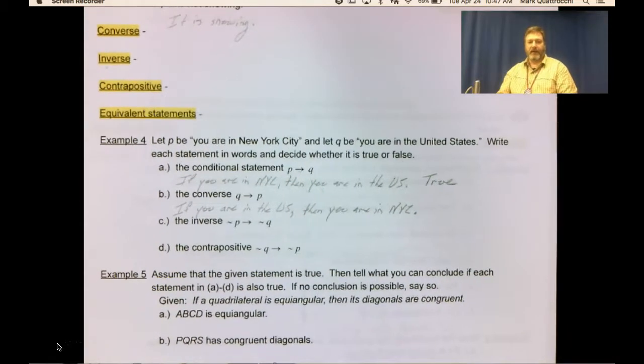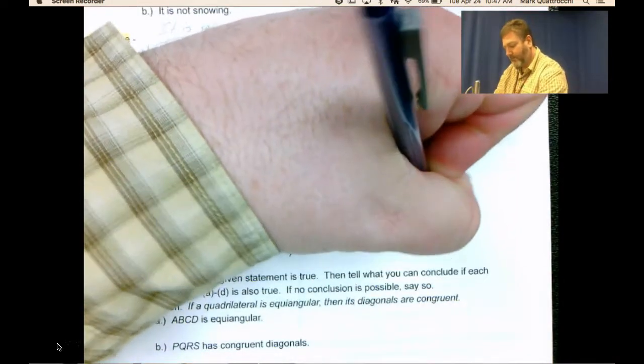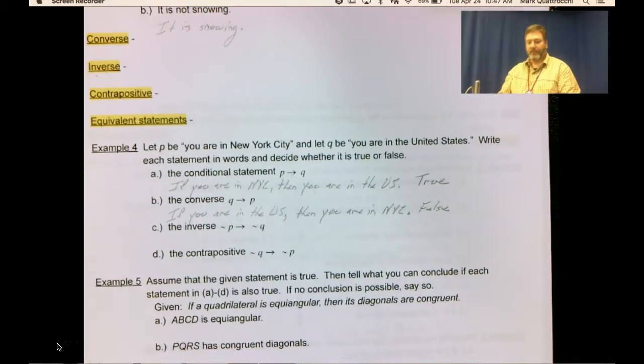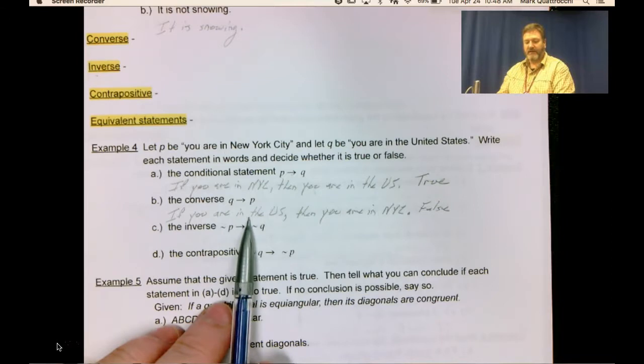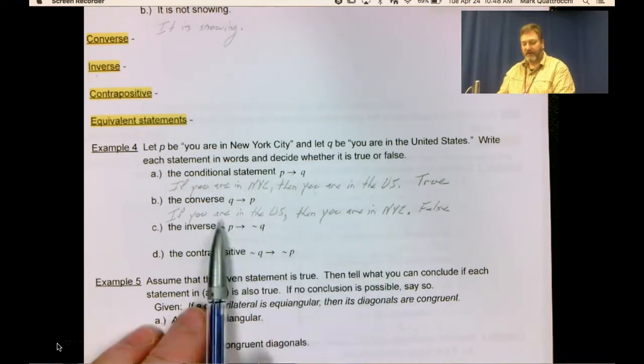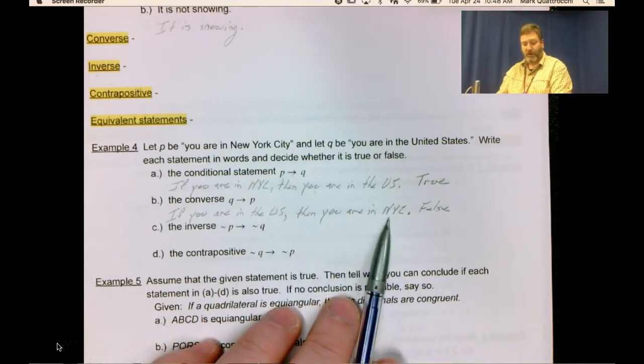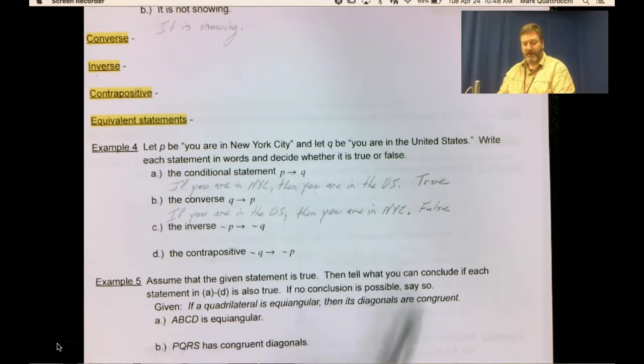False. And again, to prove that that's false, you find a counterexample. Find a place in the United States that's not in New York City. If you're in Boston, you're in the United States, but you're not in New York City. There's a counterexample.